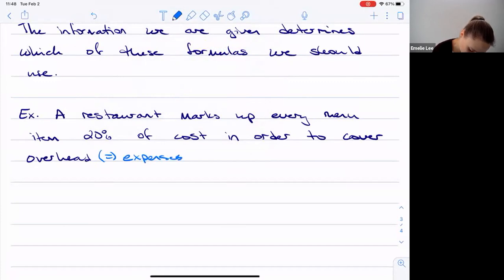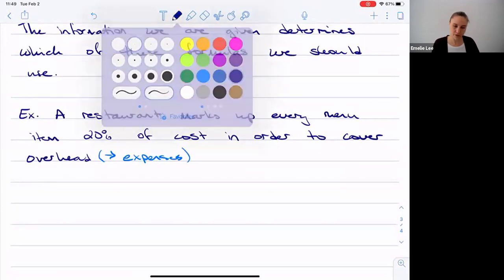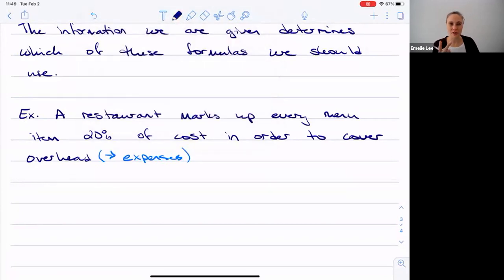It's another word for expenses. Okay, so just use those words interchangeably, right? Your overhead, those are your expenses, so that's E.